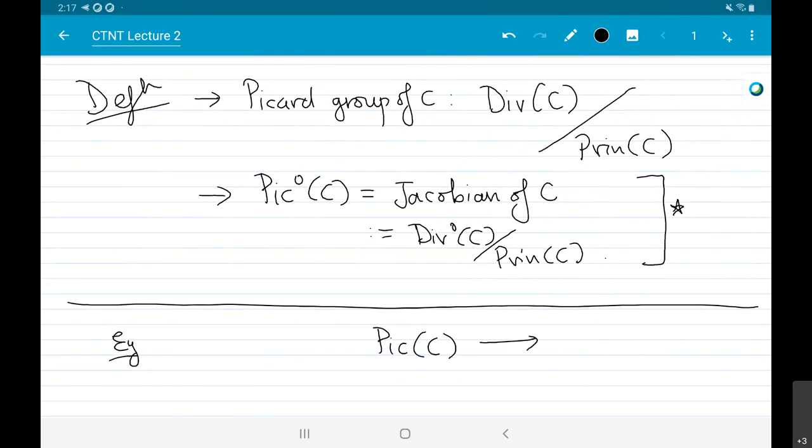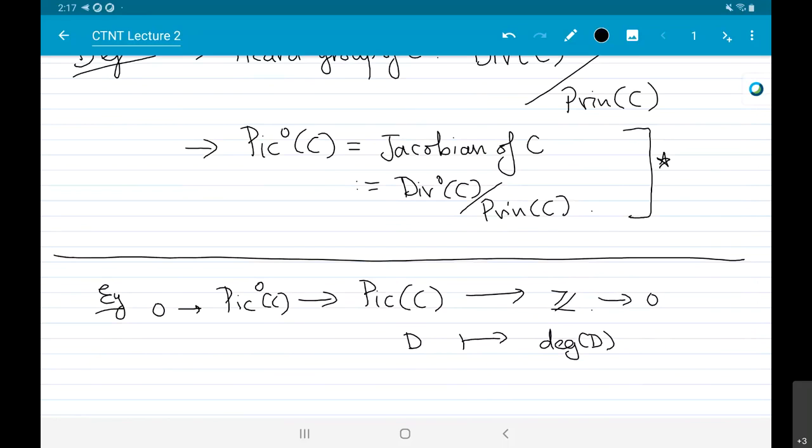There is a map from this to Z that sends D to the degree of D. And it turns out that there's an exact sequence, which is not very hard to prove, where the kernel of this map is just the degree zero divisors.